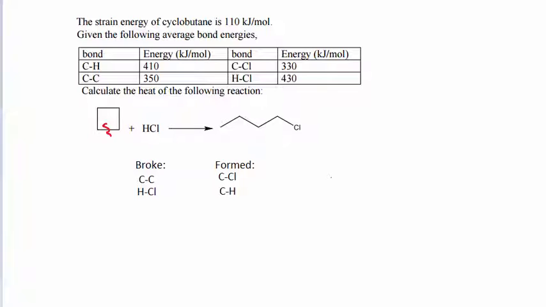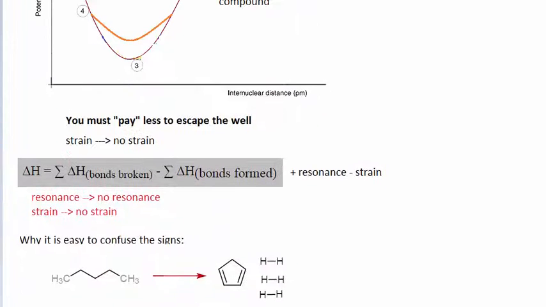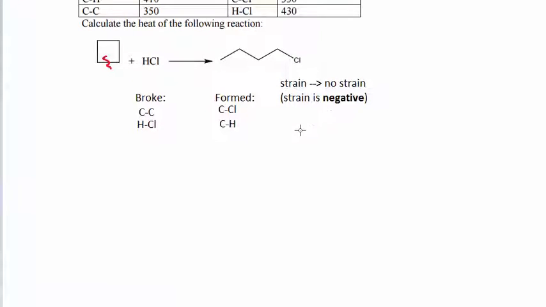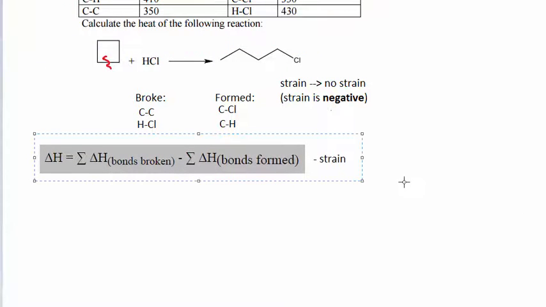The major difference here is that we're going from this closed molecule to this open molecule. So we're going from a strained molecule to an unstrained molecule. So if you remember from up here, going from strain to no strain means that this is going to be negative. Okay? So we've figured out what our bond enthalpy equation should look like at this point, with the negative strain.